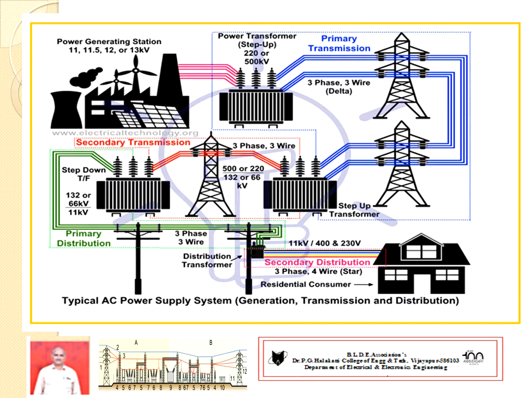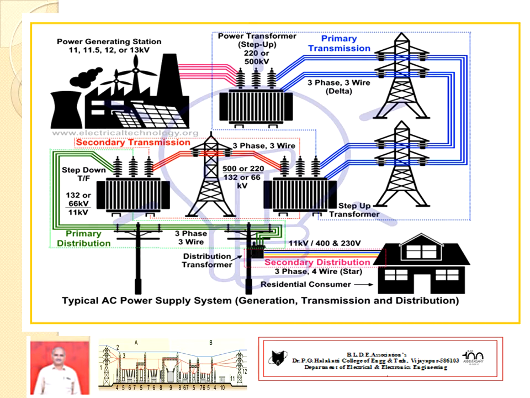The power from the receiving station transmitted to the substation is known as secondary transmission. Again, the voltage level is reduced. From this substation, the voltage level is further reduced.